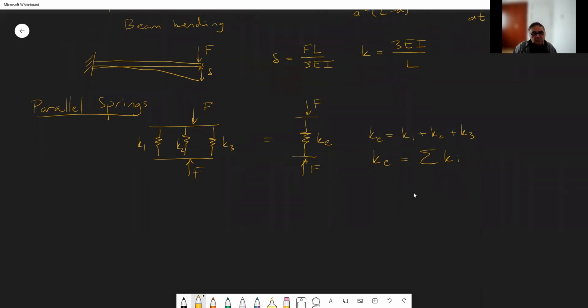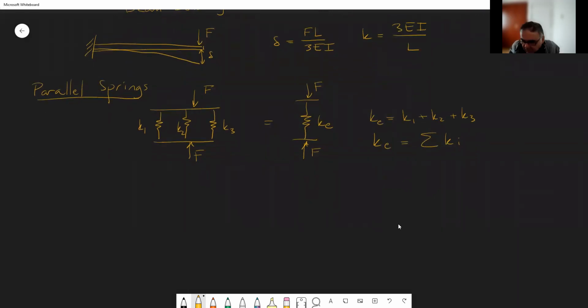That is physically very intuitive. And it is also quite intuitive that if you have series springs, something different is going to happen, because the softest spring will dominate this, as you can guess. So K1, K2, K3.